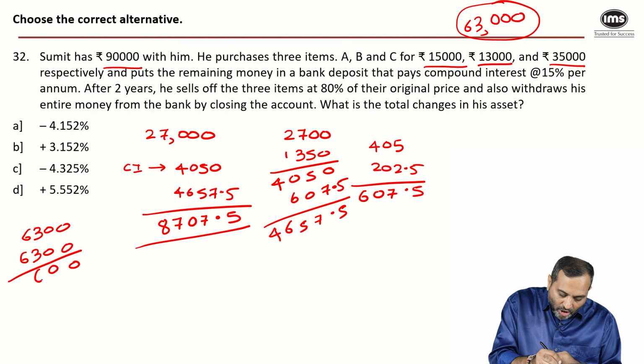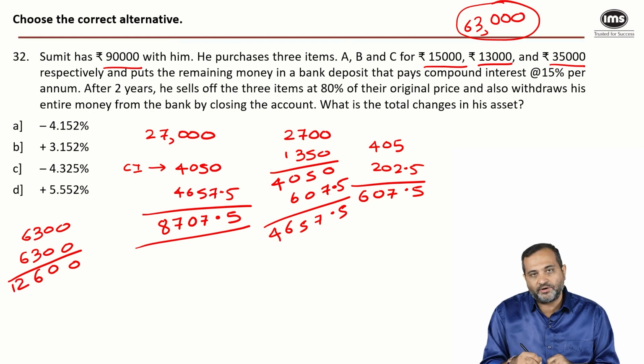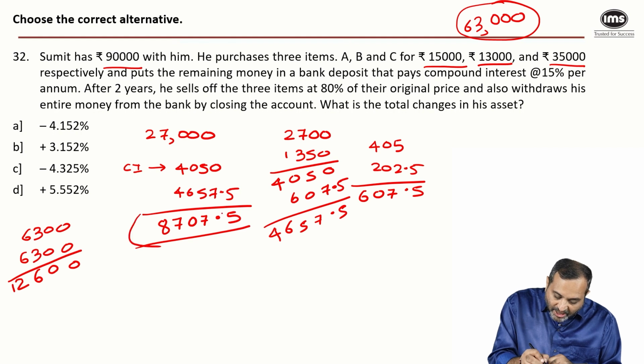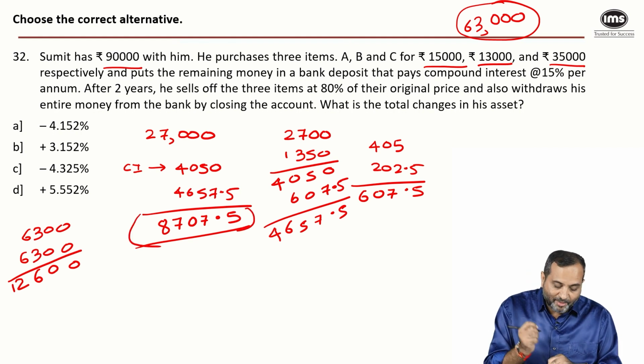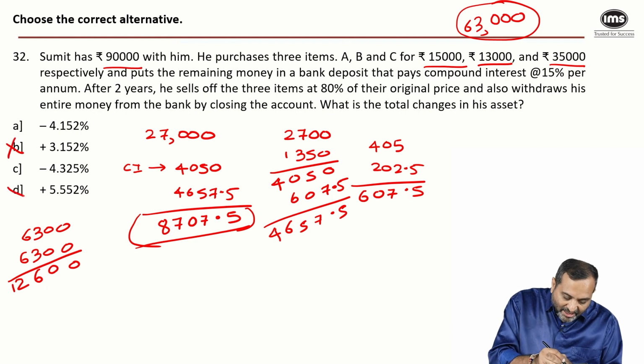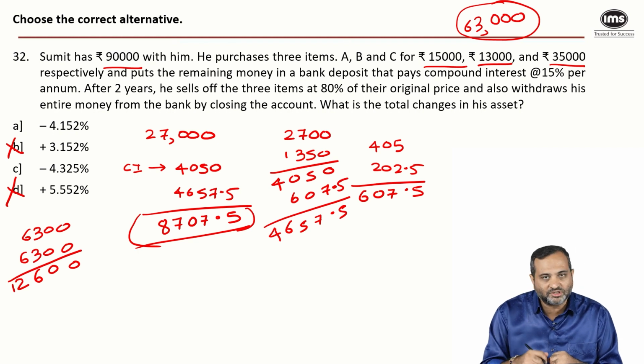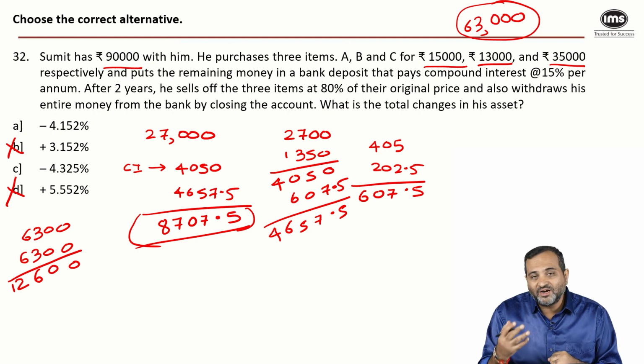So I have made a loss of 12,600 and I have made a profit of this interest. Do you see my loss is more? Hence, at least can I eliminate my second and the fourth option, because it says that there is an increase of plus 3 or plus 5%, whereas I know that now it is a decrease.